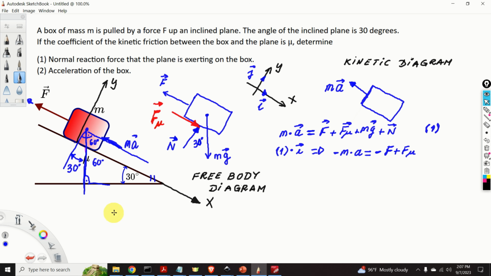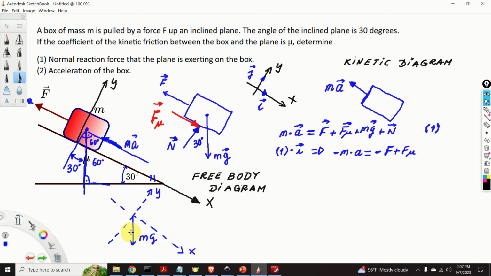Next, let's construct mg over here once more. Here is mg. Here's the line parallel to this plane. And this is our x-axis. And this is our y-axis. This angle is 30 degrees. Or let's write it nicer.